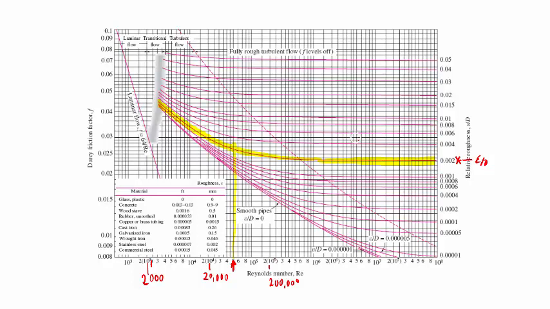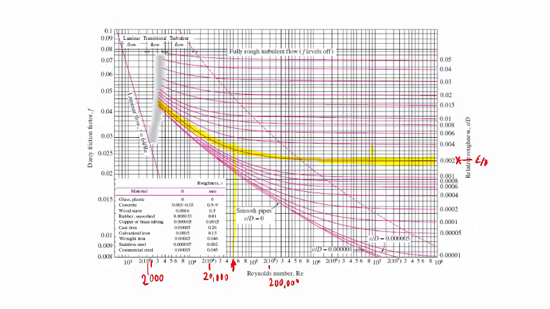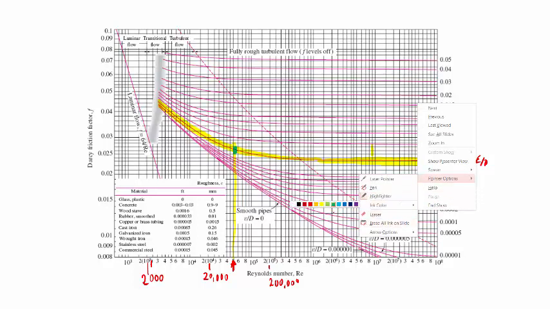And then mark this point here, which is my intersection, and let me see what color I can use.